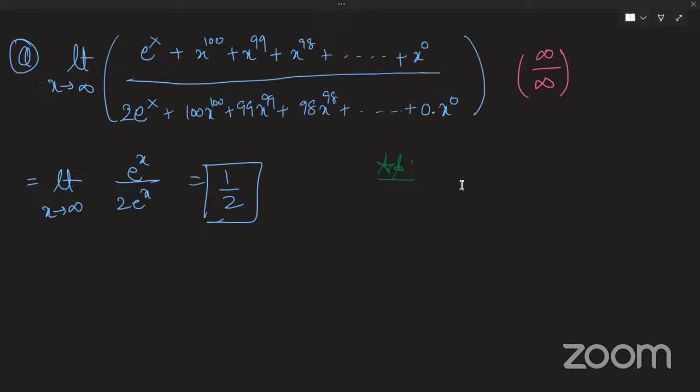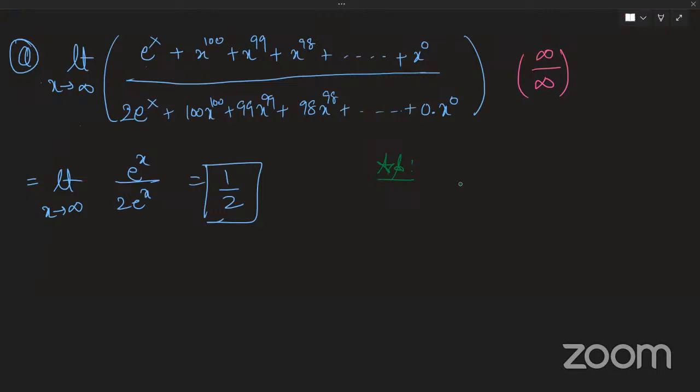Just a minute. So you have got e raised to x and a polynomial along with it. If x is tending to infinity, your exponential function will always be infinitely times larger than the polynomial.